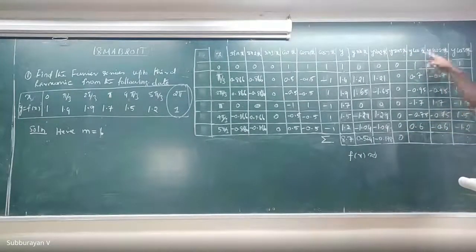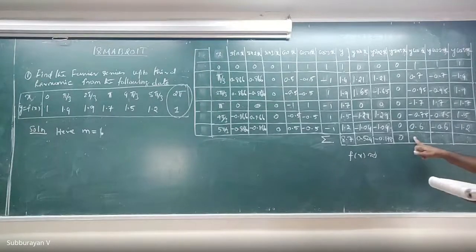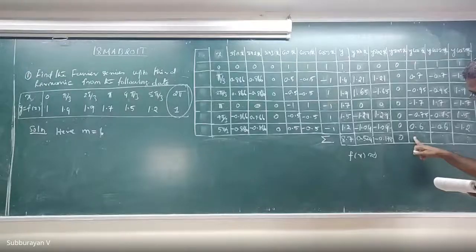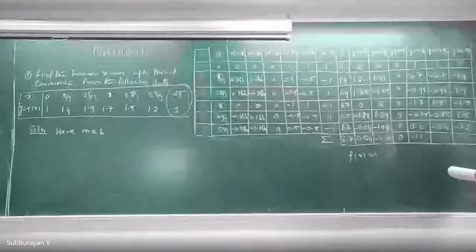Now, what is summation y cos x? I think it is minus 1.1. Please verify it. Minus 1.1.